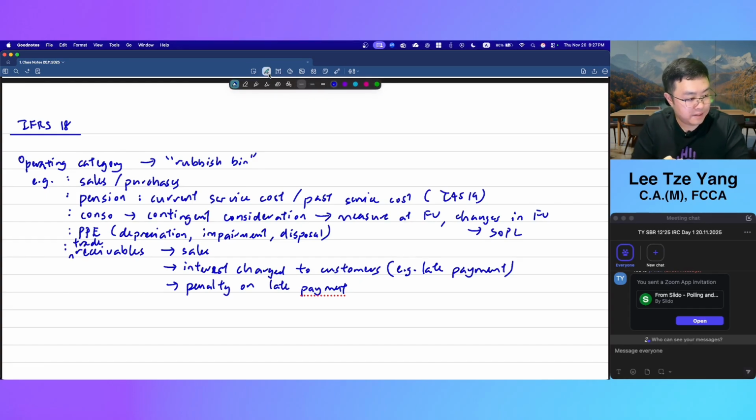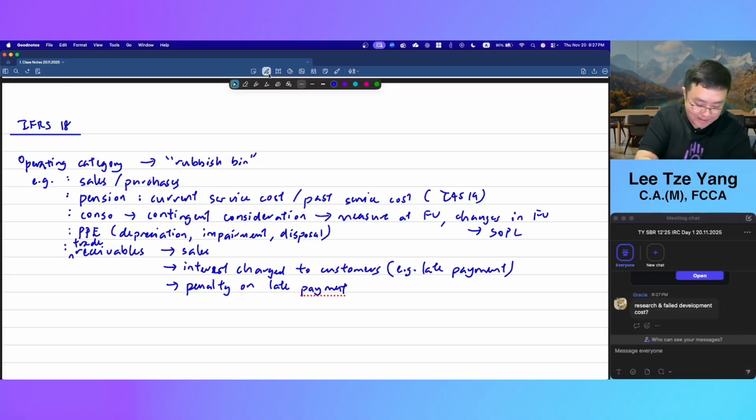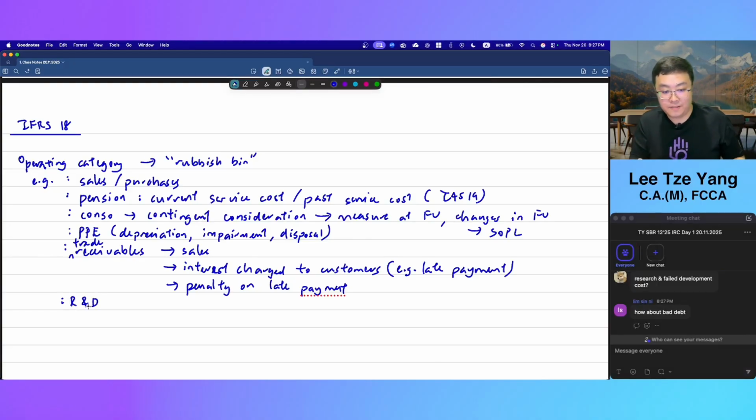What else? Research and development cost. I think R&D is also here, because I believe that is your business activity. Impairment of trade receivable, the expected credit loss, ECL, will be under operating as well.